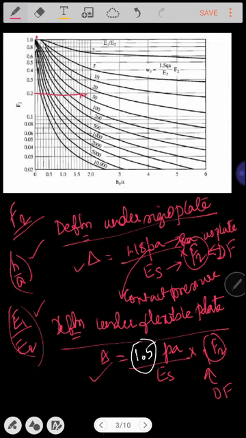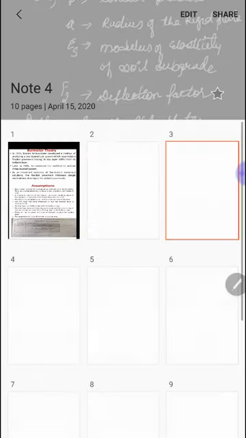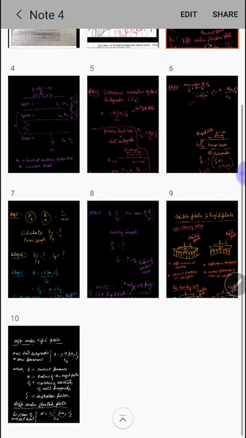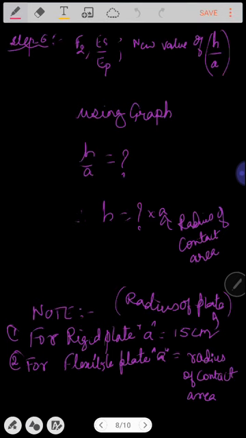As I told you, these curves represent EP upon Es. As we need Es upon EP, this is represented as Es upon EP equal to 1 upon 50. So this cuts H upon A somewhere here. Let us assume this as 1.8. Just for an example, the value of H upon A which we get in step number 6 is 1.6.